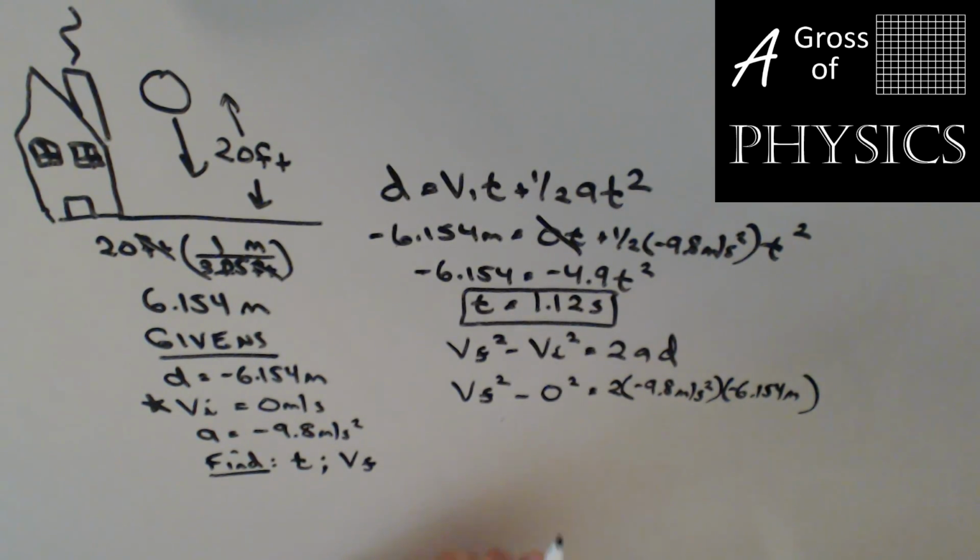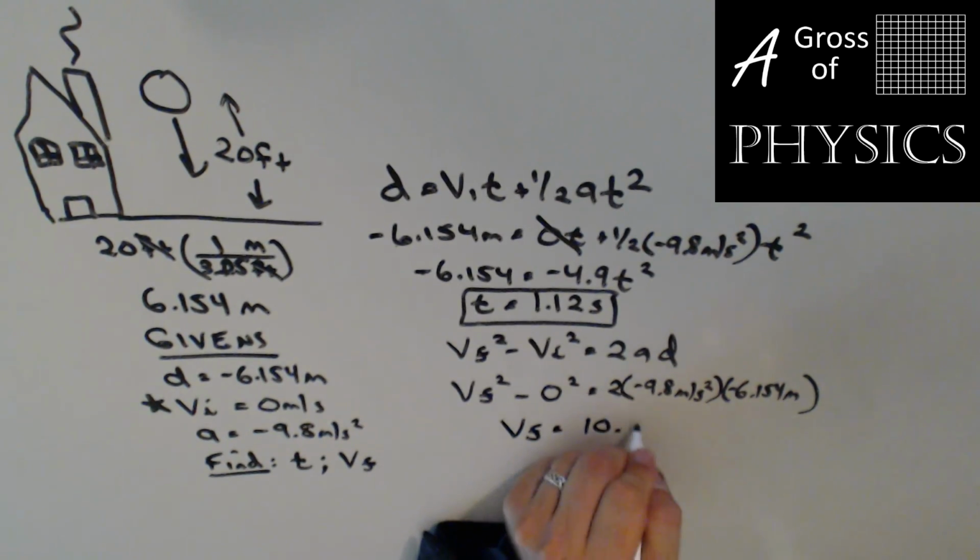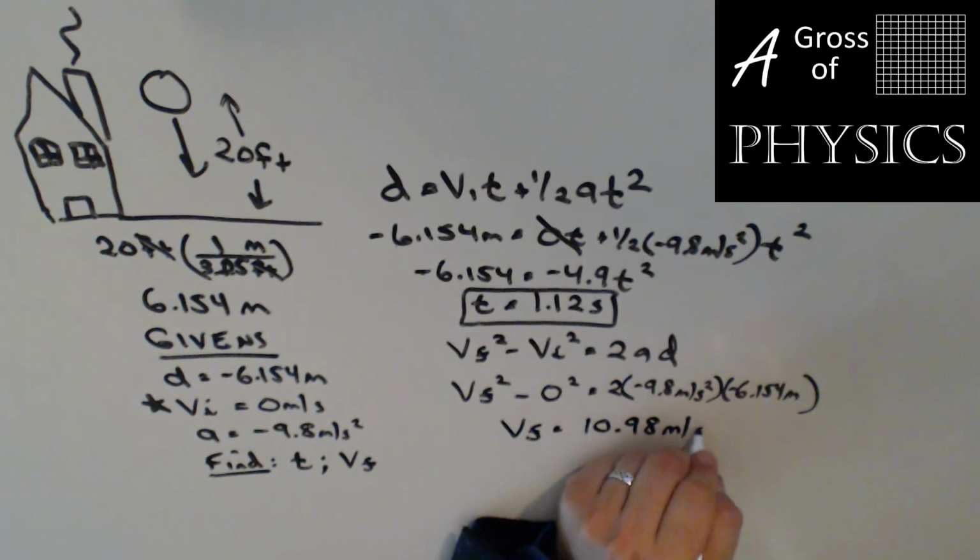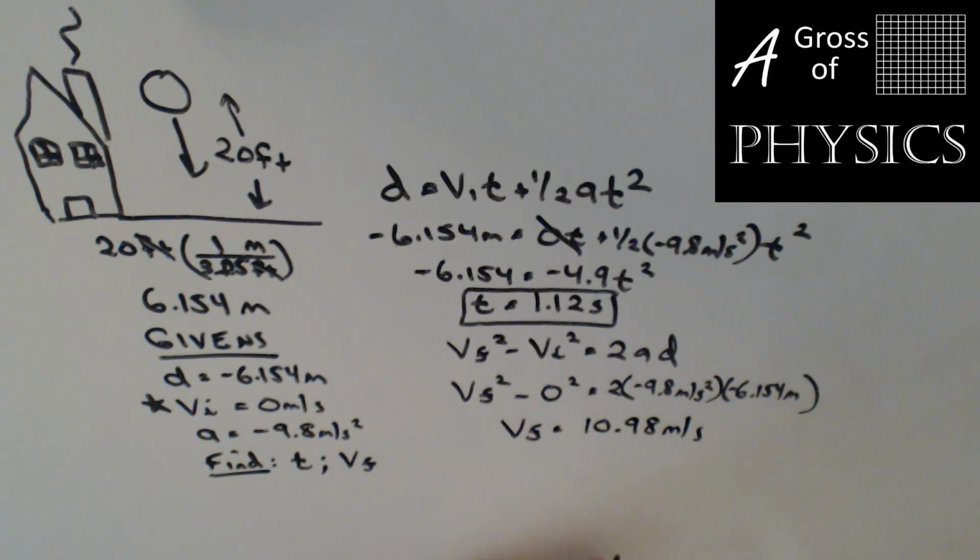All right, I'm going to multiply 2 times 9.8 times 6.154, and then I'm going to take the square root. And I'm going to get 10.98. VF equals 10.98 meters per second.